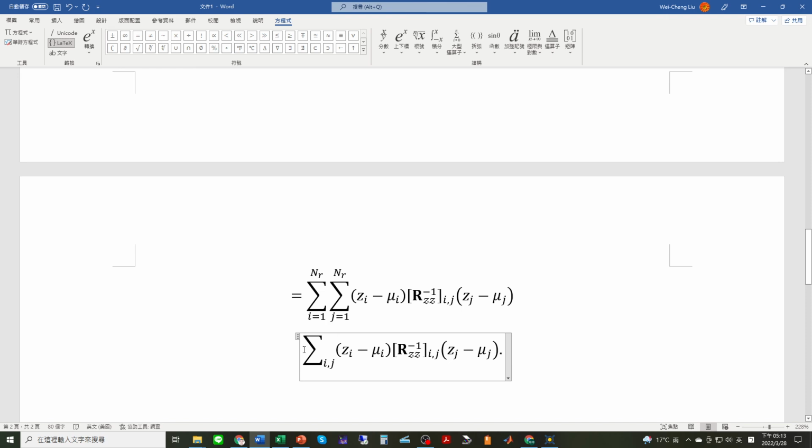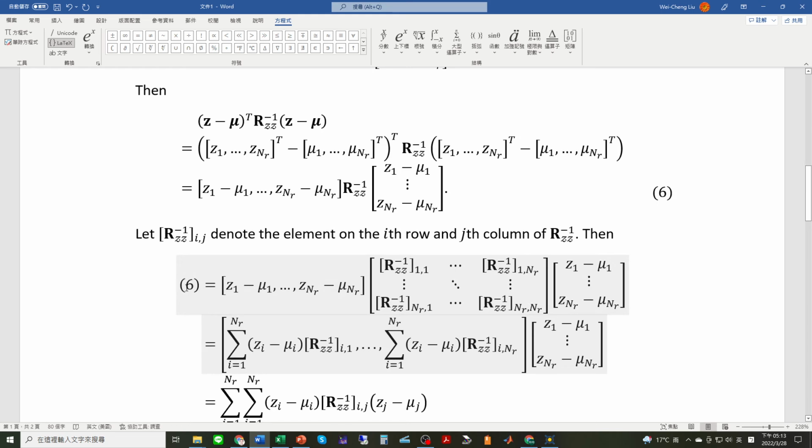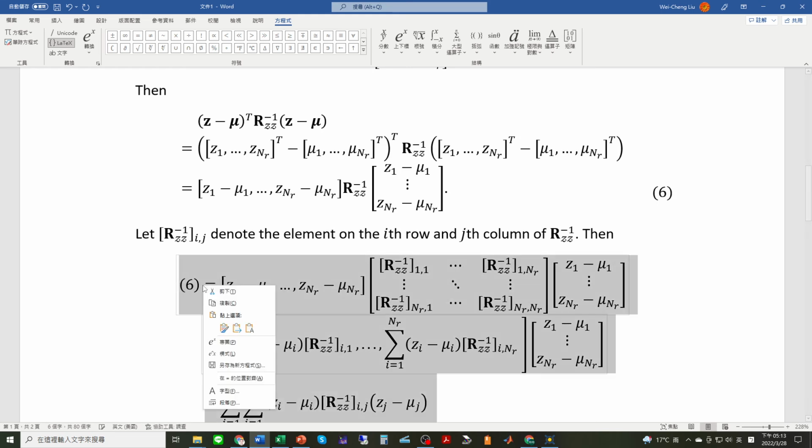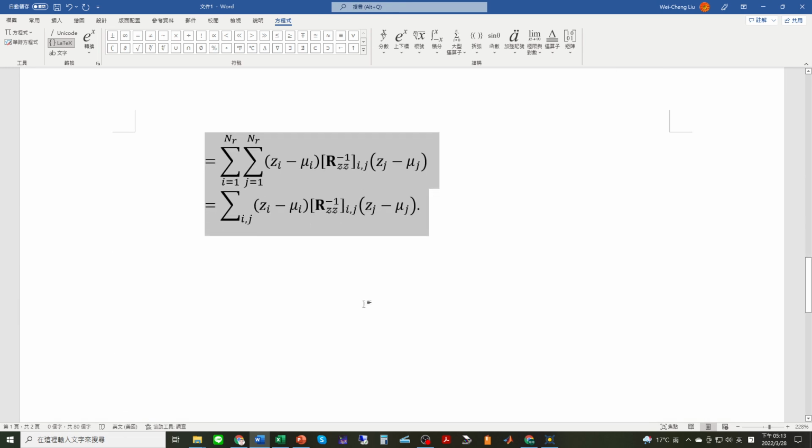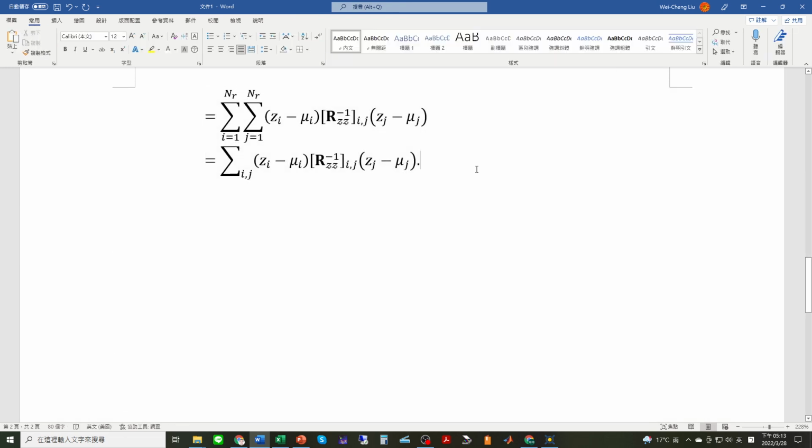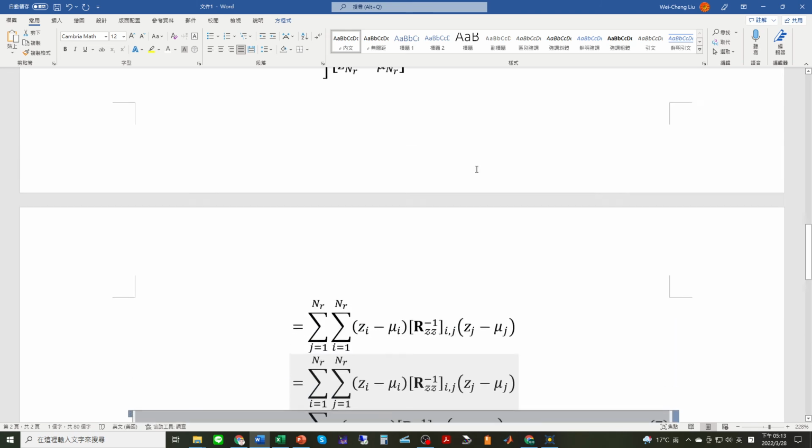And I align these equations at the equality sign. Okay, very good. So finally, this is equation 7.